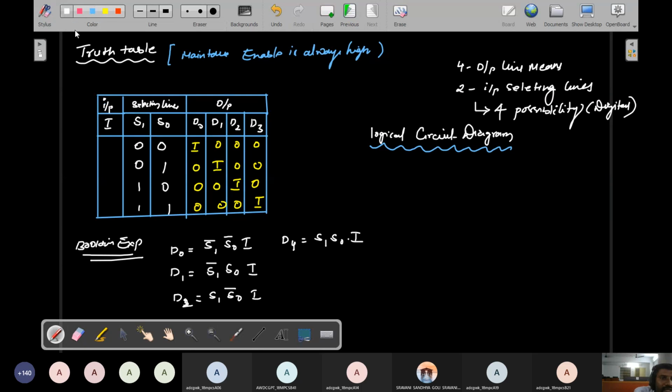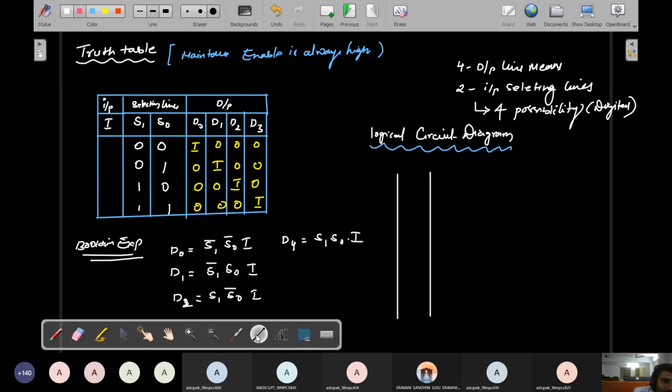In this circuit, first of all I consider the S1 and S0 terminals here. This is the S1 terminal, and these are S0.